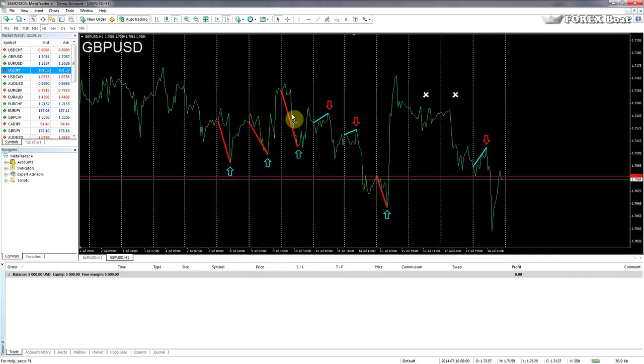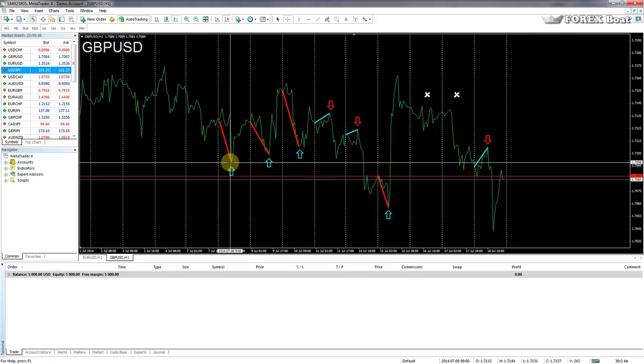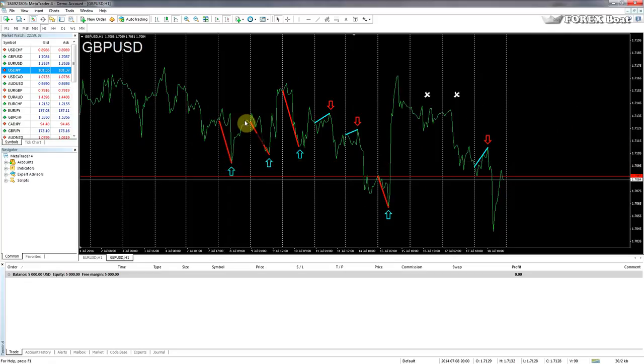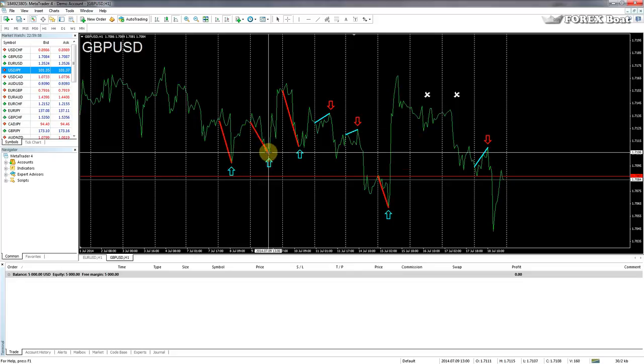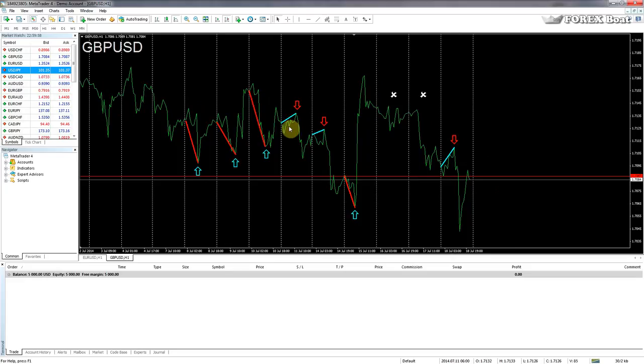I found that often the British pound will, at the start of the day, move in one direction, and then around 9 o'clock, or maybe 8, 9, 10, 11 o'clock, it will actually jump in the opposite direction. So as you can see here, the red line is showing that the British pound was going down from the start of the day, from 00 to here it's 13 o'clock, and then it jumped back up. Here again, it's going down from 00 and it's going all the way to 12, and then it's jumping back up.